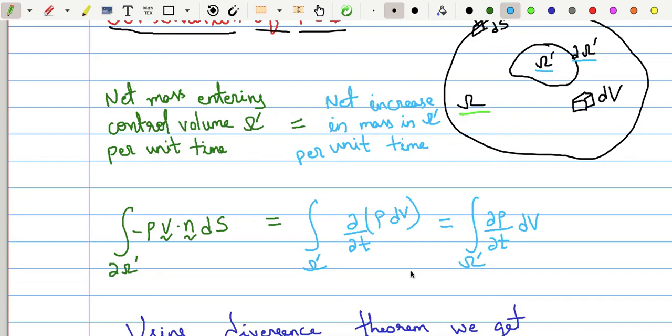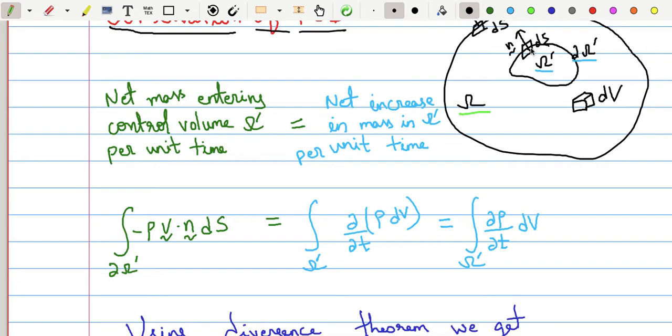If I take an area element ds on this control volume, at some point, with a normal n, then what is the volume of material which is leaving the control volume per unit time?